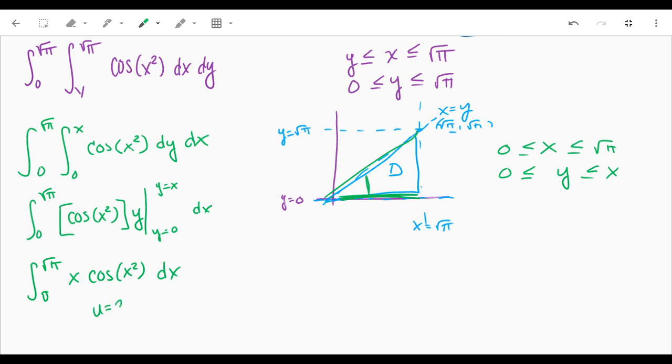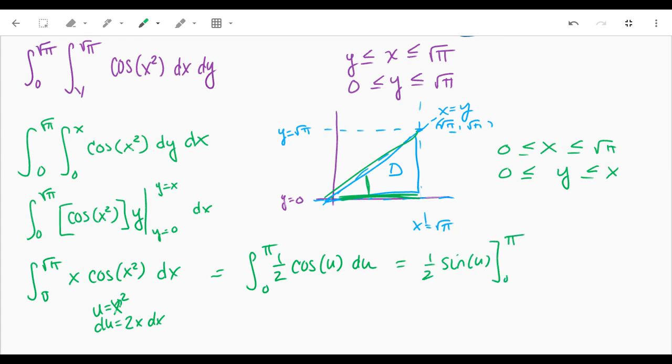And so we got a u sub there, right? U is x squared. Du is 2x dx. So we'd have the integral from 0 to pi of cosine u du. And so we would need a 1/2. And an integral of cosine is sine, from 0 to pi.